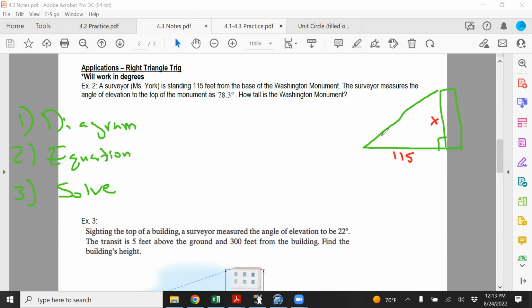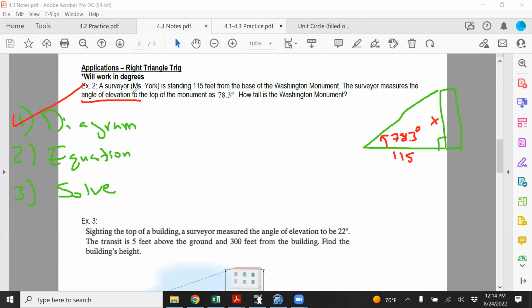So I'll put X there. And then the angle of elevation is right here, which is 78.3 degrees. So I've got my angle, I've got one side, I've got another side. So the diagram's done. We could check that off.